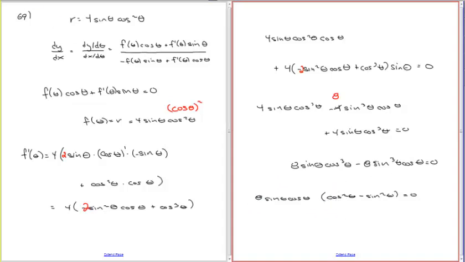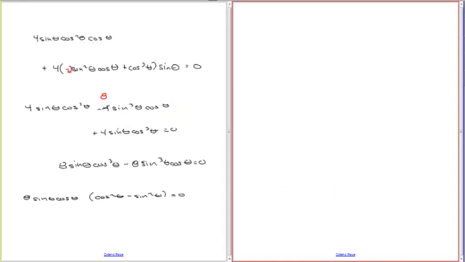Okay, so both of these you can use trig identities for. We can change 8 sine of theta cosine of theta into 4 times 2 sine of theta cosine of theta. And if you go to the beginning of the book, you find out that that is equal to the sine of 2 theta.